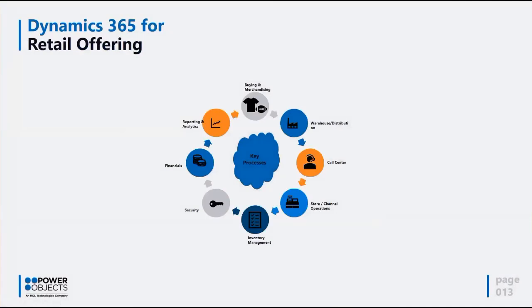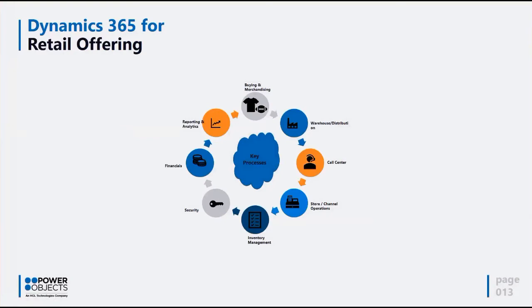So just to emphasize that, in the middle you see some of the key processes of retail, but like we went over, we have the buying and merchandising and the warehouse distribution.